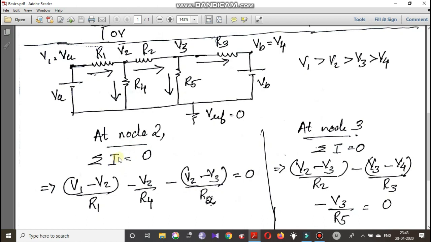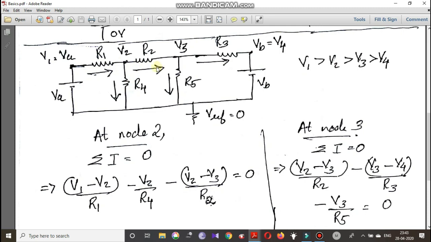So we can take this node, and all the currents which are coming into a node can be considered positive, and the currents which are leaving the node can be considered negative. So here, how many currents are entering the node? One current is entering the node and two currents are leaving the node.